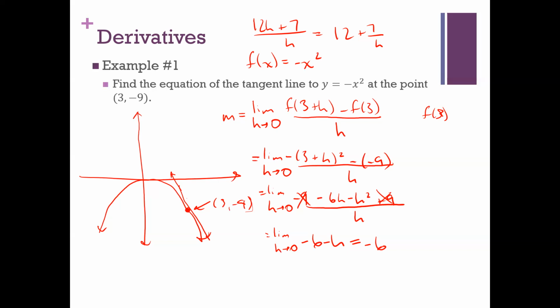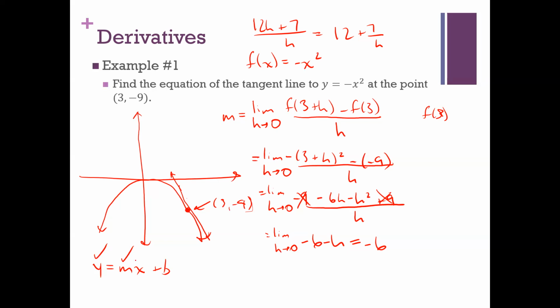Let's go ahead and finish it up. Can I use that to find the full equation of this straight line? Do I have enough information to find the equation of a straight line here? Remember this thing, right? Do I have a y value? Yeah, negative 9. Do I have an m value?